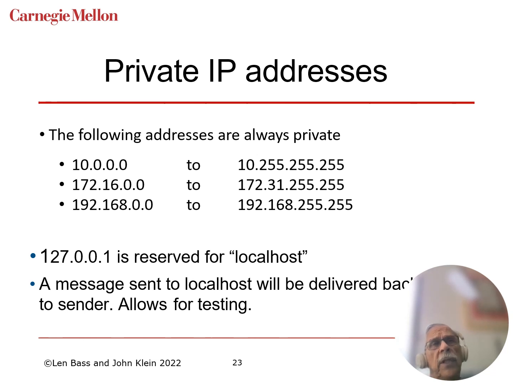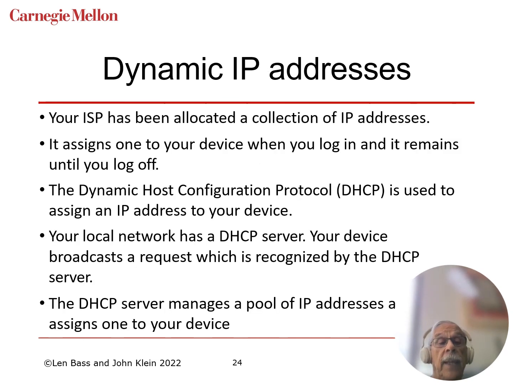So let's say you create a web page and you want to see what it looks like. Well, you can put 127.0.0.1 in your browser, and that will invoke that web page on your machine without going over the internet.